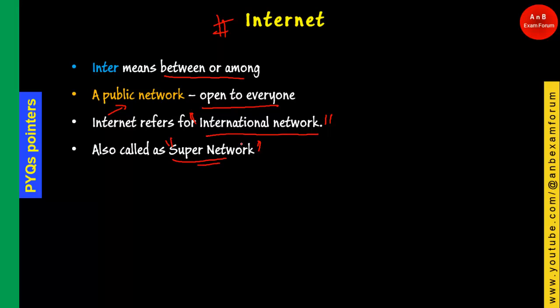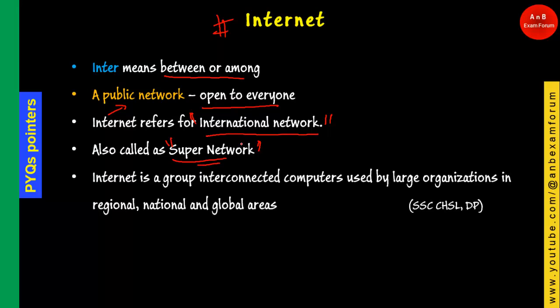Outside the network is again the internet, so it becomes a super network kind of thing. The basic definition: it is a group of computers used by large organizations in regional, national and global areas. So when everything is connected all over the globe, it becomes the internet.